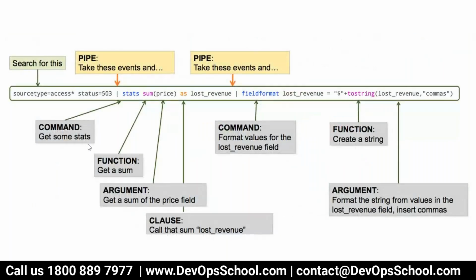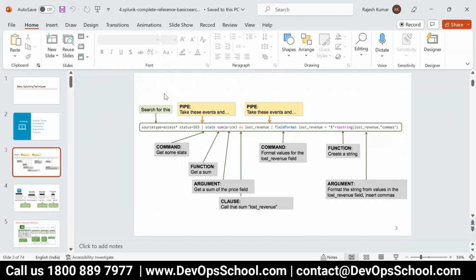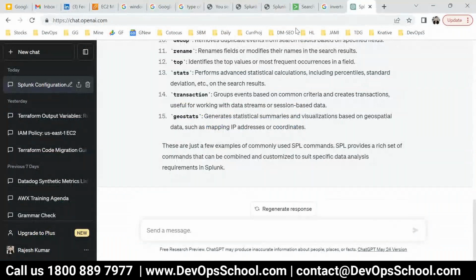Now these commands will give you the statistics. Stats is a command to display in a stats format. For statistics, you have to do a mathematical formula. So here they are saying, add all the prices in the table. There will be one full column called price.